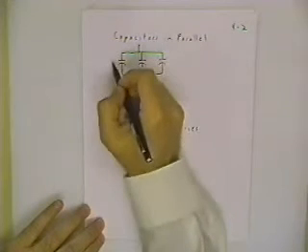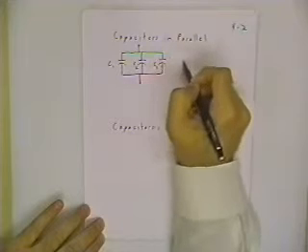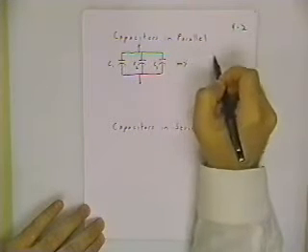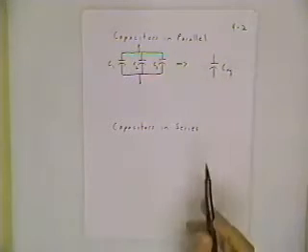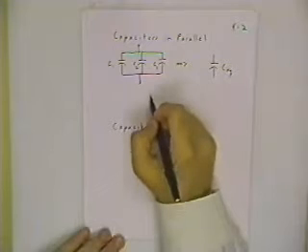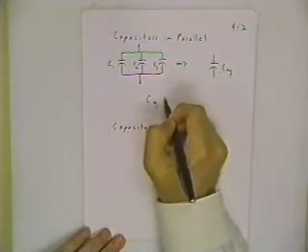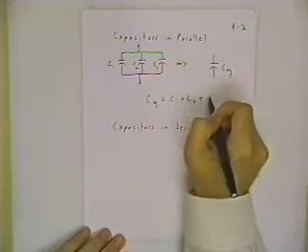And so if I want to replace this bank of capacitors, C1, C2, C3, with a single equivalent capacitor, C_EQ, all I have to do is add the capacitors together. So capacitors in parallel add together like resistors that would be in series.